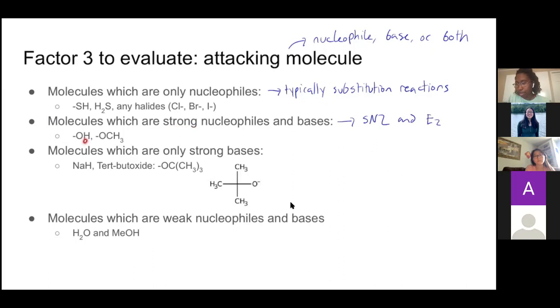Some examples of molecules that are both strong nucleophiles and strong bases are the hydroxide ion and OCH3-, and there are a lot of other examples which you've probably seen already.